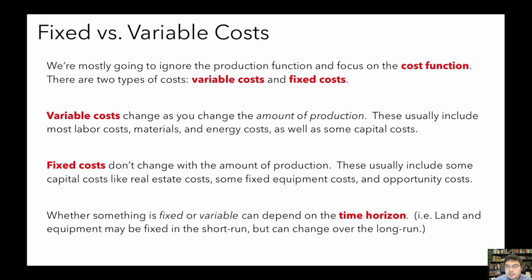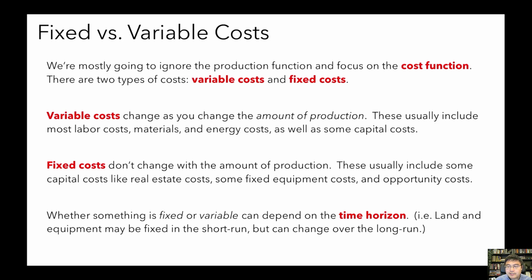In contrast, fixed costs are costs that don't change with the amount of production. So these are usually going to be capital costs, right? And probably the largest fixed cost for most companies is going to be real estate costs, right? So if you're a coffee shop, you're going to have to pay the amount of your rent regardless of how many customers you serve.